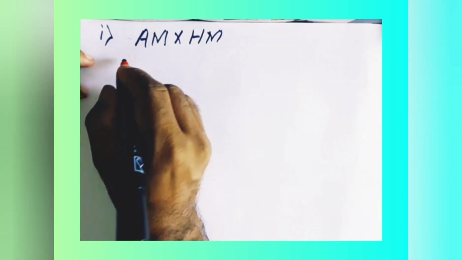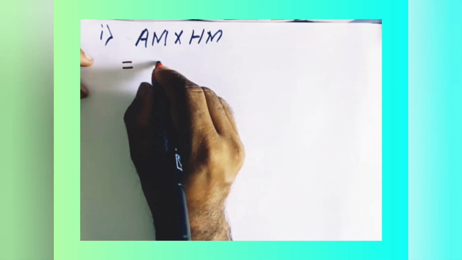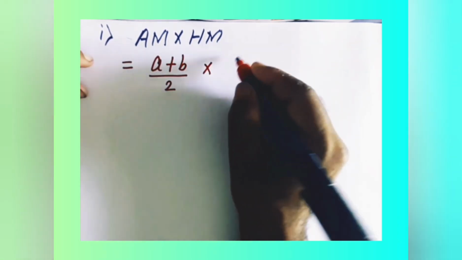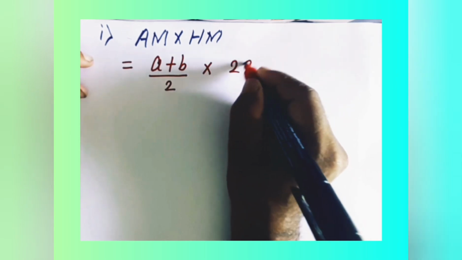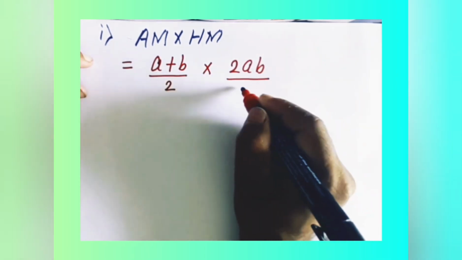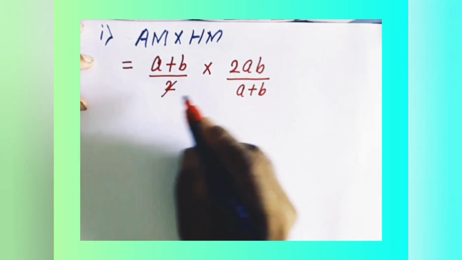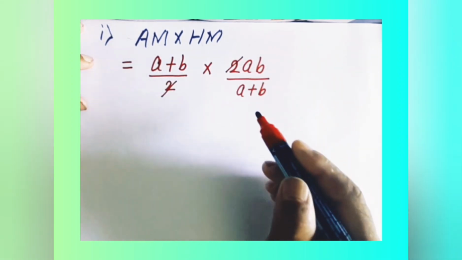Now AM we have already written, that means AM is equal to (a plus b) upon 2, into HM, the harmonic mean, that means 2ab upon (a plus b). Now see, the 2 in the denominator and the 2 in the numerator we can cancel.